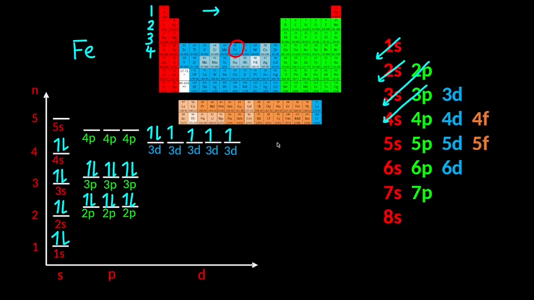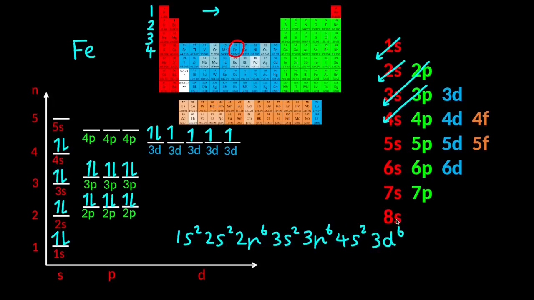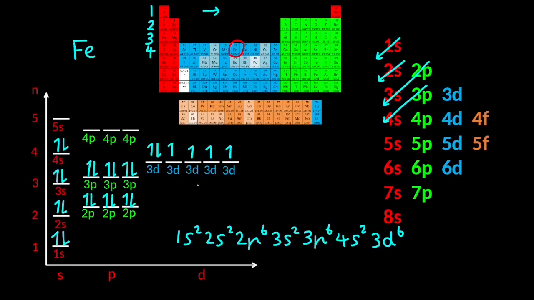So now we can write the electron configuration with the subshell in the base and the number of electrons in the superscript. And as we know, the d orbitals get pulled to the nucleus when they're filled with electrons, so they end up having a lower energy level than the 4s orbital. So we basically just swap these around.